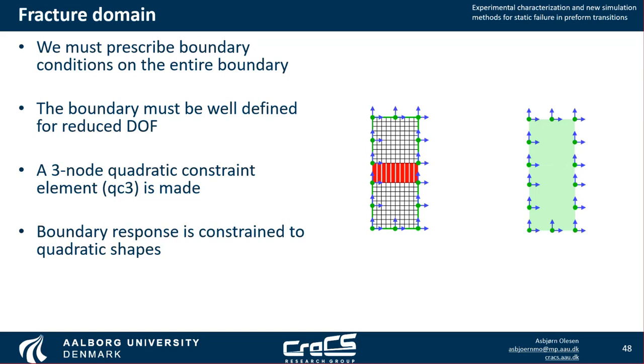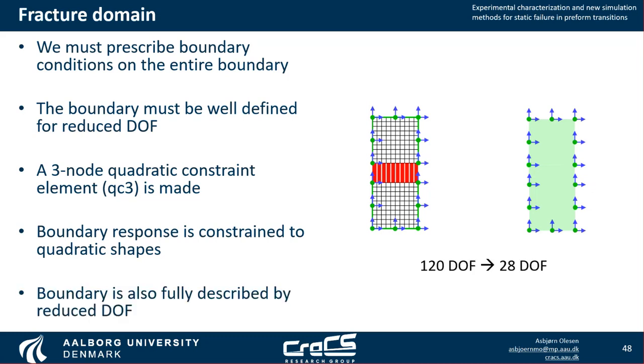So the shape function of this element is a quadratic shape. That means that the deformation or the results that we get on the boundary will always be contained to quadratic shapes. And also, with this reduction, we are left with a limited or reduced amount of degrees of freedom, since we only have to interact with these constrained elements, and therefore we get this desired reduction.